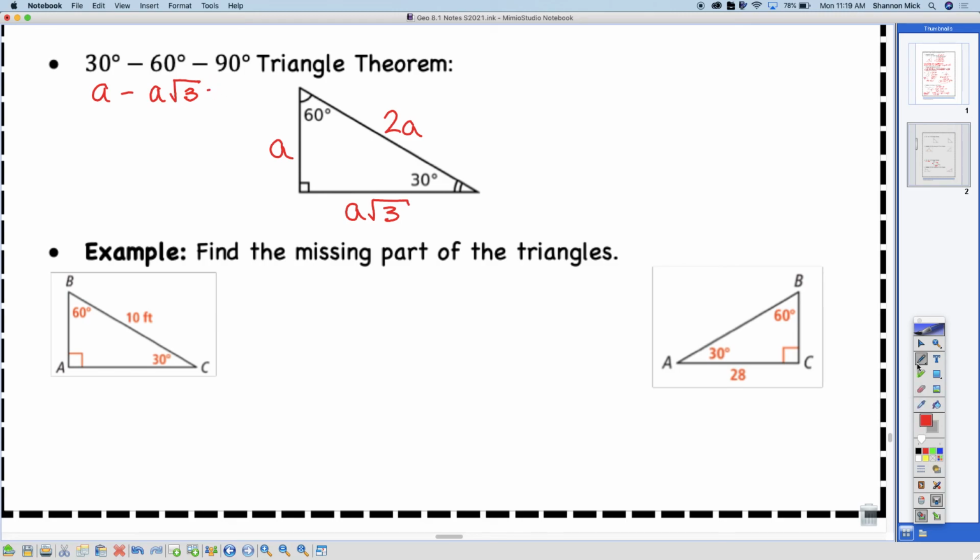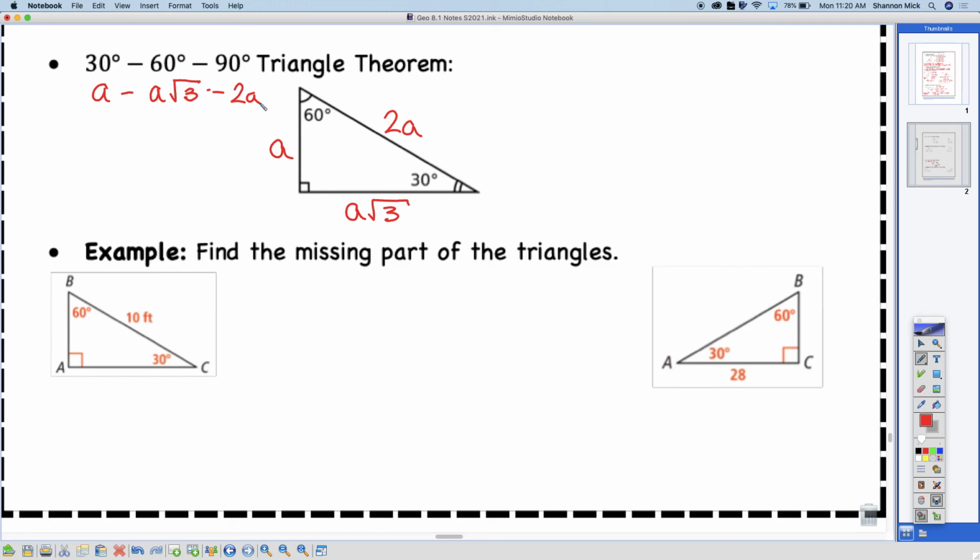Now, when you were working in the last section with similar triangles, you found 30, 60, 90 triangles over and over and over again. You found triangles with the side lengths of 2, 2 square root of 3, and 4. You found side lengths with 5, 5 square root of 3, and 10.